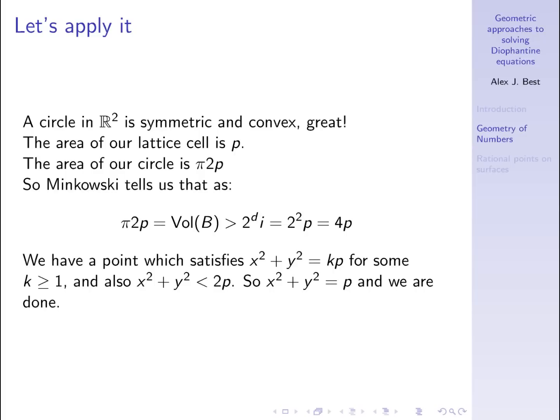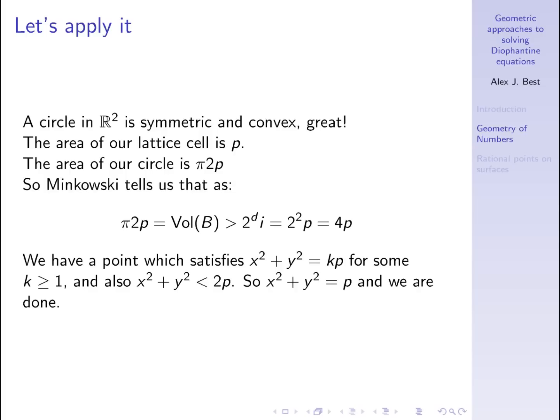And so we do have a point which satisfies x squared plus y squared is a multiple of p, a non-zero multiple, and also it's inside our bigger circle, so we know that it's less than 2p. So we can take these two conditions together and conclude that x squared plus y squared does in fact equal p, and we know this point must exist by Minkowski's, and we're done. We've proved Fermat's Christmas theorem.